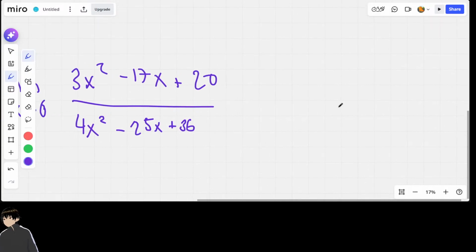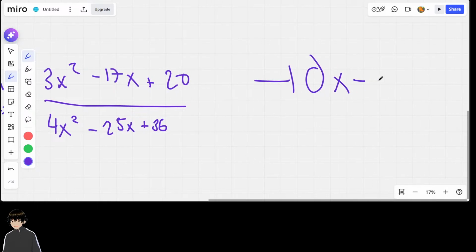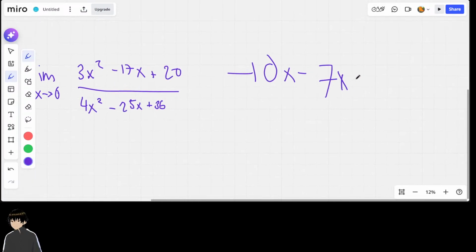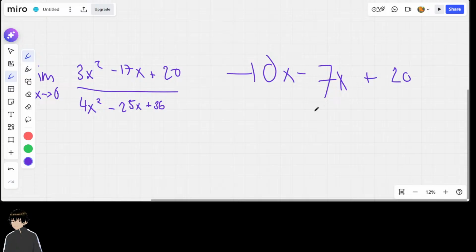Let me try doing, let's try negative 10x and negative 7x. Let me just try that. Plus 20, 3x squared.